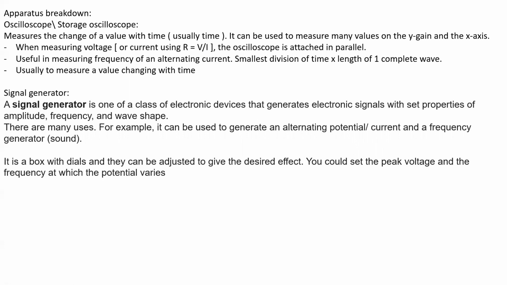Then check the peak voltage. If the peak voltage is constant, the peak current is constant. It's also useful in measuring the frequency of an alternating current, because the x-axis is basically time.